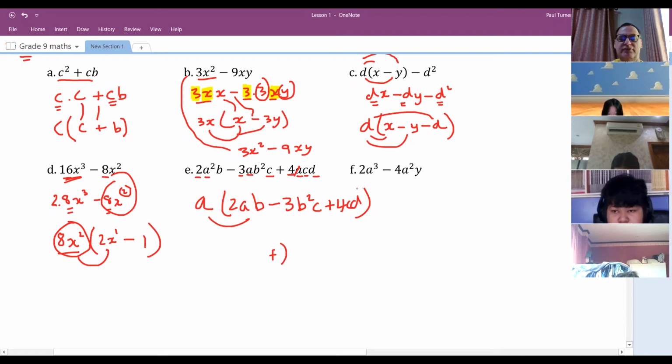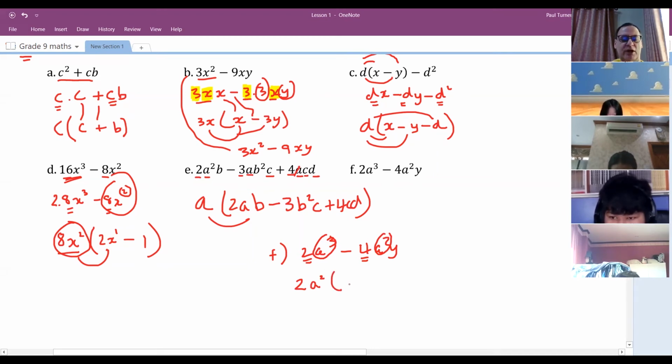How about question F? 2a cubed, I'll write it here again, 4a squared y. So take a look. You've got 2 and you have 4. So what is the common factor? 2. You've got a cubed and you have a squared. So your common factor here would be a squared. So take out the letter with the lower power, a squared.